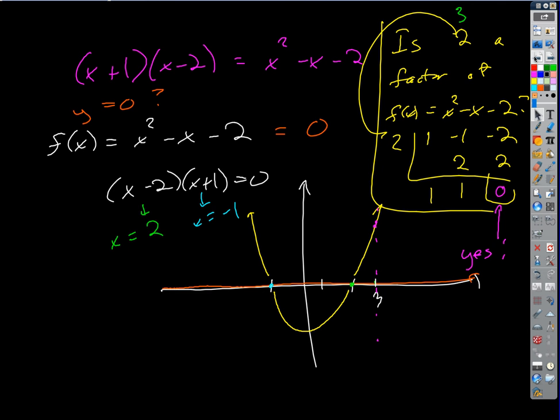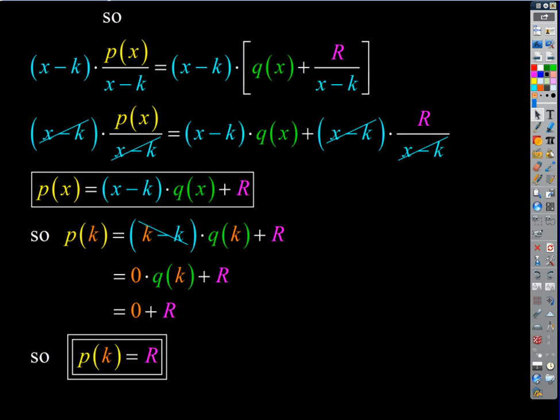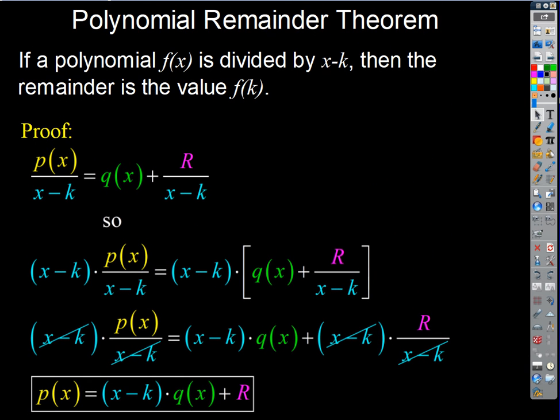Once again, just to summarize, that's the big thing right there. The remainder theorem just tells us that if a polynomial is divided by x minus k, then the remainder of the polynomial is f of k. So if f of k is 0, then x minus k is a factor.